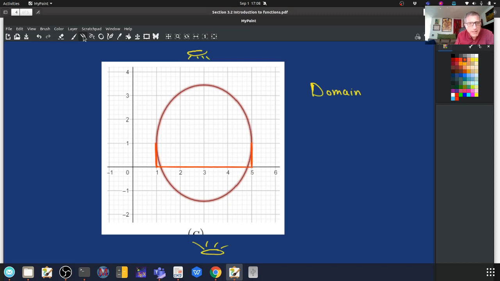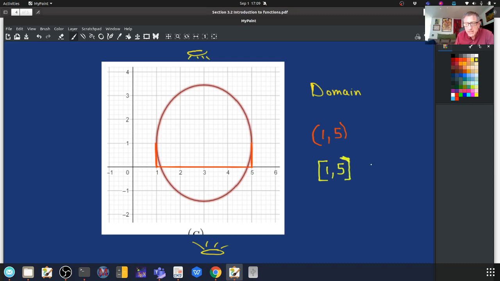is going to be the interval. It's hard to know, so we'll just say it's an open interval from 1 to 5. I'm not sure about the endpoints, but it's an interval that either does or does not contain one or both of its endpoints. So let's just pretend it contains the endpoints.